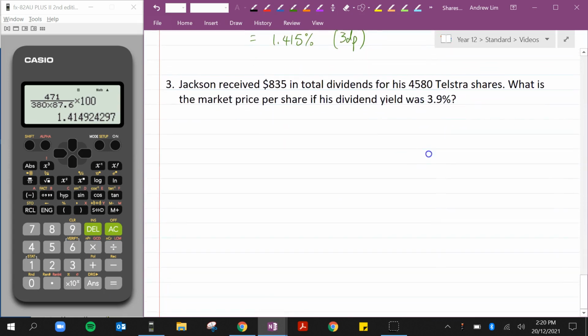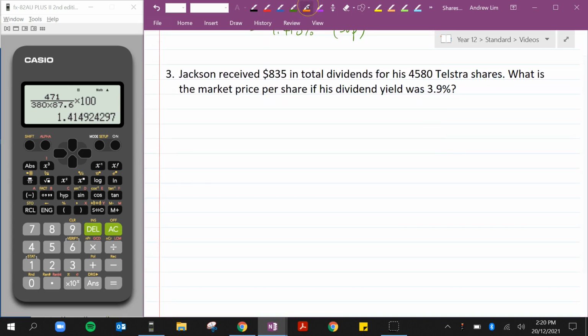Alright, question 3. Jackson received $835 in total dividends for his 4,580 Telstra shares. What is the market price per share if his dividend yield was 3.9%? So what do we need to do here? I'm just going to break this up.